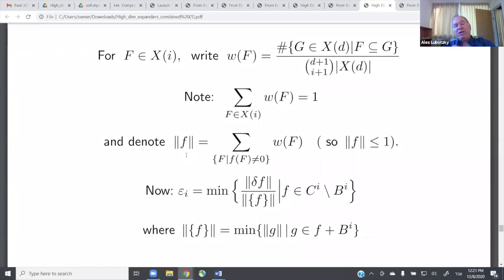You remember a cochain is a function on the cells. We define the norm of it. This is going to simply be a rational number, which simply looks at the weight of all the cells on which f is non-trivial, right?